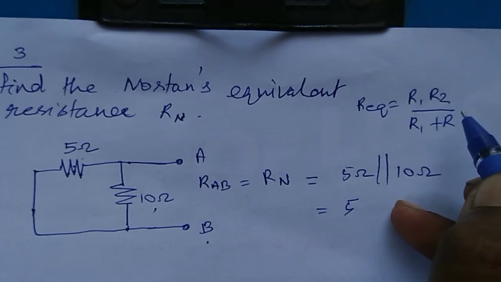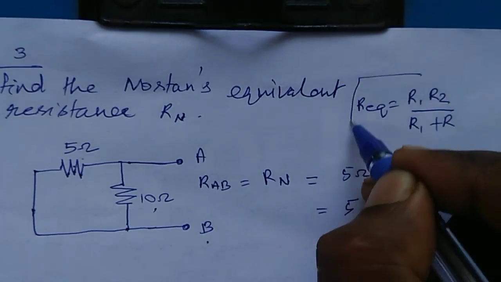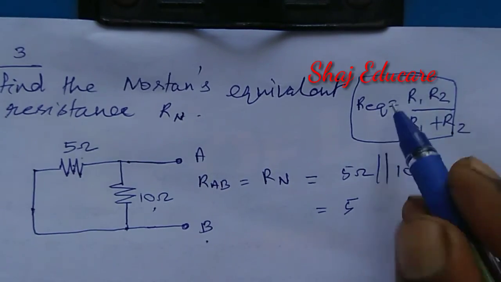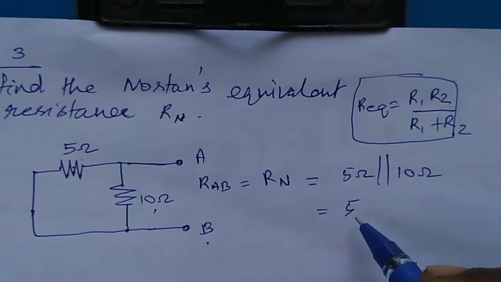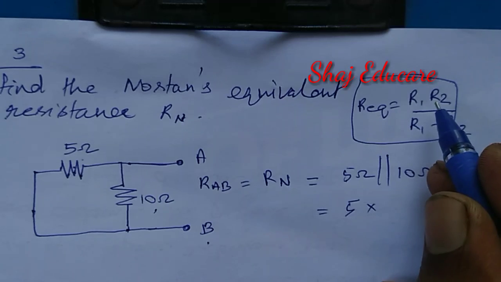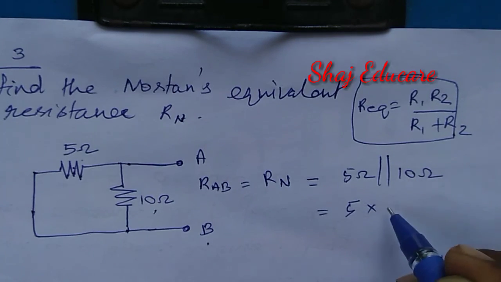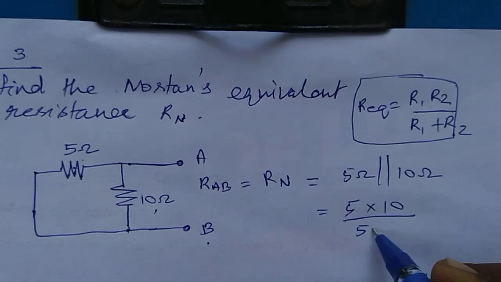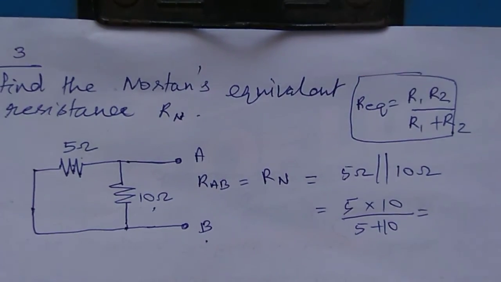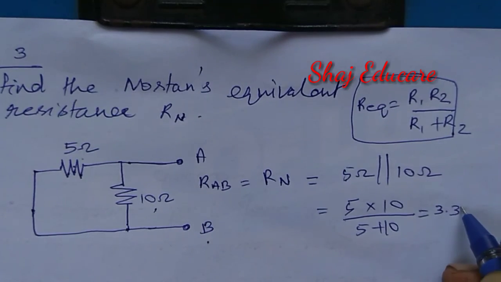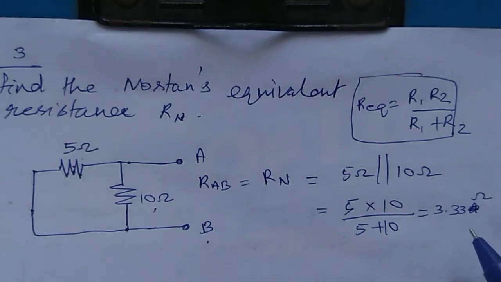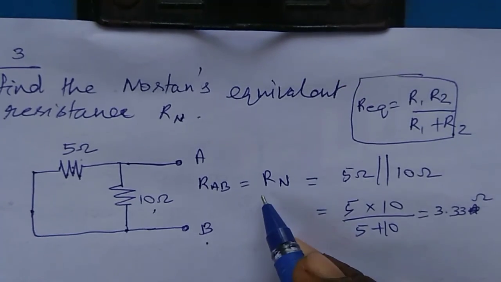Suppose R1 and R2 are connected in parallel, then the equivalent resistance will be R equivalent is equal to R1 R2 by R1 plus R2. If we apply the same formula here, in place of R1 we use 5, and in place of R2 we use 10. 5 into 10 divided by 5 plus 10, that will be equal to 3.33, oh sorry, 3.33 ohms.